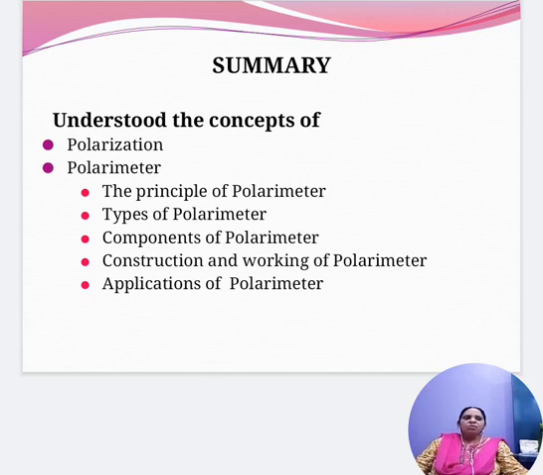Another important application area is remote sensing, such as planetary science and weather radar, and they are used to measure various optical properties of materials including linear birefringence, circular birefringence, circular dichroism and scattering. So this is all about polarimeters.